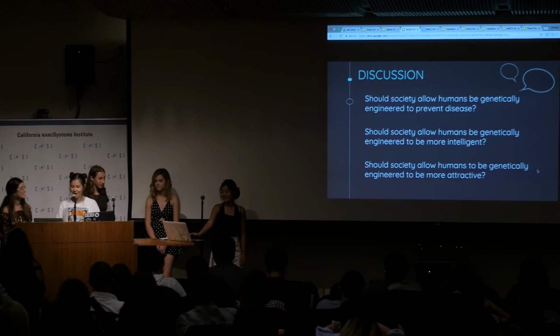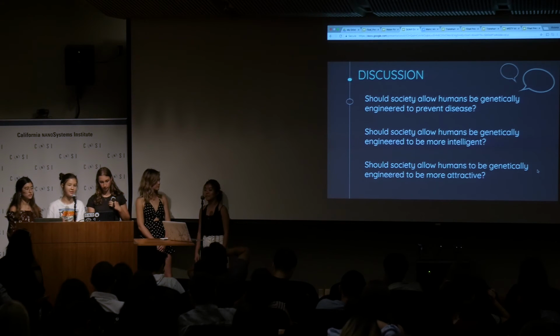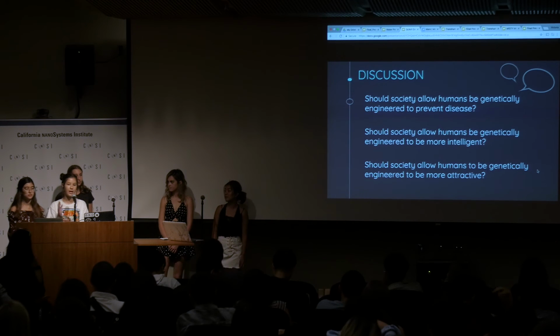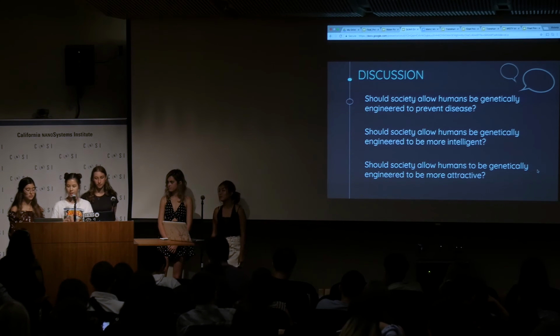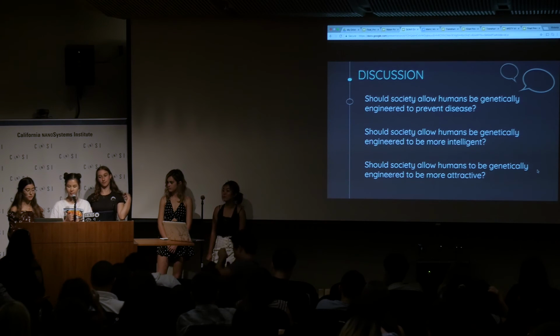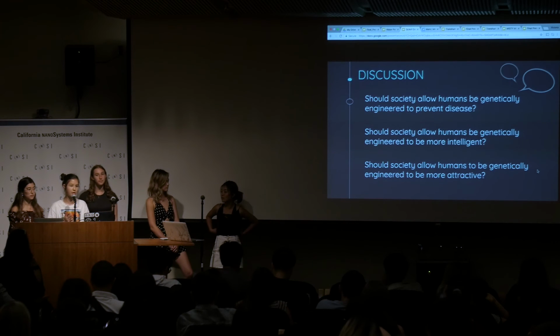Yeah, so like Paige said before, our ultimate goal was to generate discussion, because we weren't necessarily trying to find a concrete solution, because the problem is so new and will be very impactful for future generations. We kind of just wanted to get the discussion started.